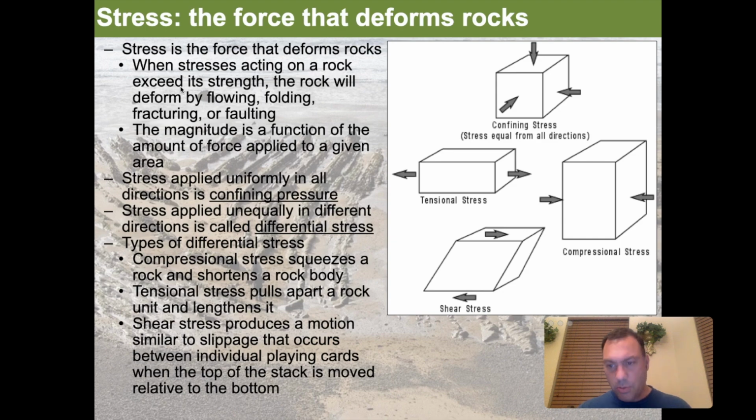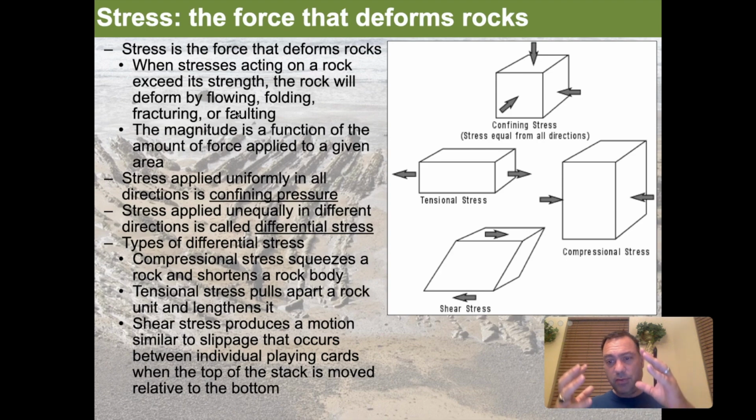Okay, now let's jump into what stress is. Stress is the force that deforms rocks. And in fact, it can deform anything, provided that there's enough stress applied to it. So when stresses acting on a rock exceed its strength, so think about how strong a rock is, right? If the stress is stronger than the strength, in other words, the ability of the rock to withstand that stress, the rock will deform by flowing, almost kind of the way a liquid will.